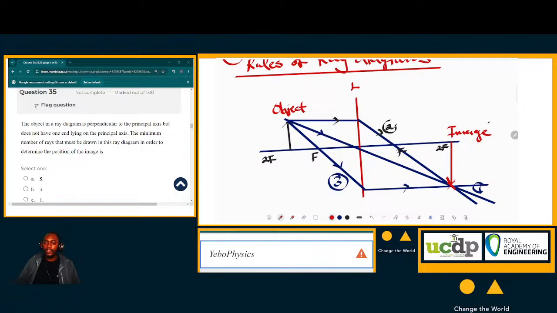So for an object placed between F and 2F, the image is formed beyond 2F. These are the rules you should remember for your ray diagram. So we need 3 rays to accurately locate our image.